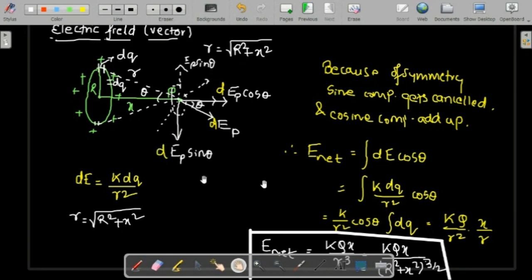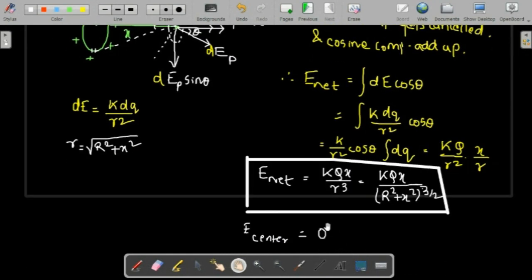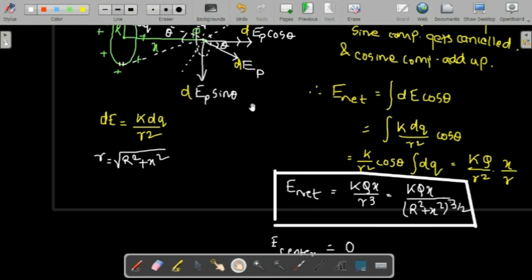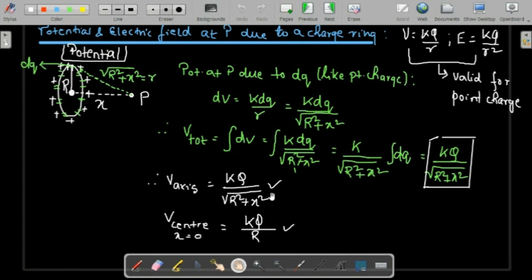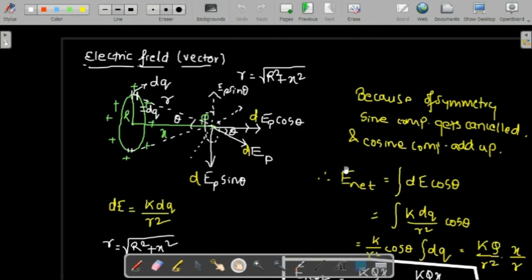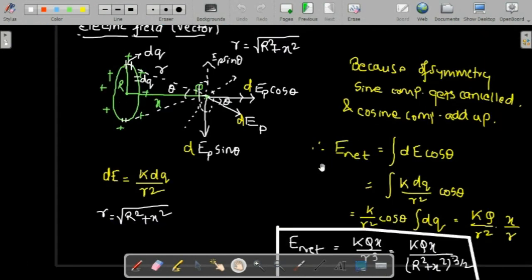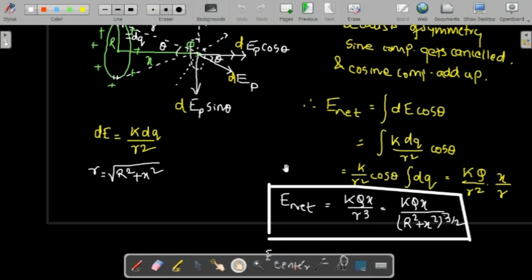You can prove it even by using Gauss's law, but even if you don't use Gauss's law, from this particular formula also, it comes out magically to be 0. So that's the idea here. Whenever you're doing any kind of problem on potential, try to think about what happens to the electric field for that same system. That makes your concept clearer. One is a vector approach, one is a scalar approach.